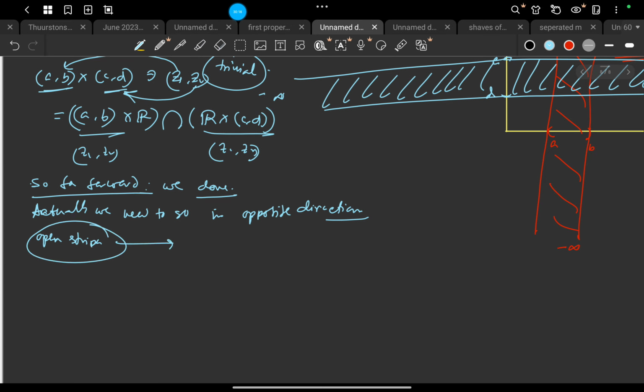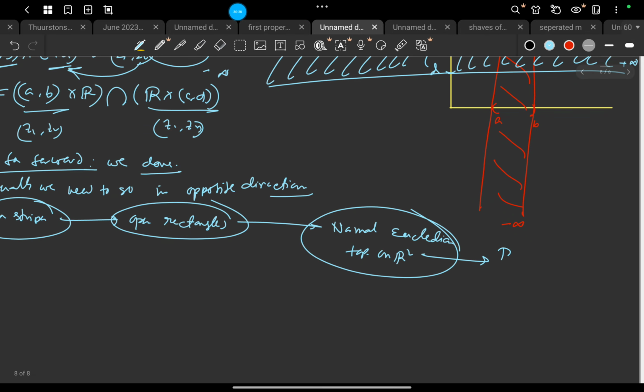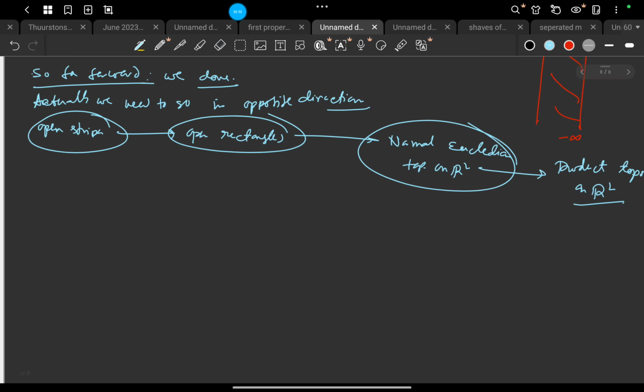From there we have to construct open rectangles. From there we have to construct the normal Euclidean topology, and that can be regarded as the product topology on R2. So this is basically a route map for me.